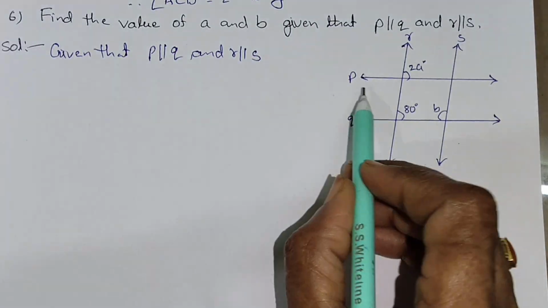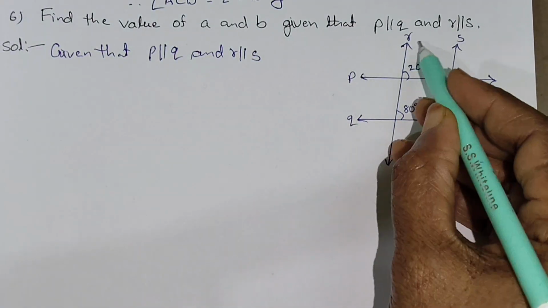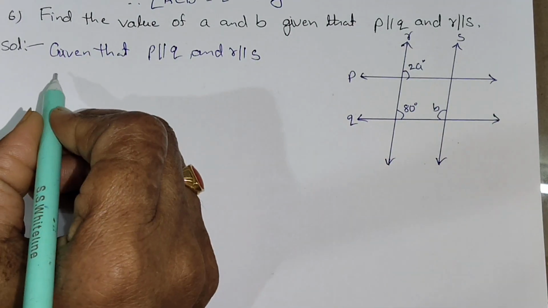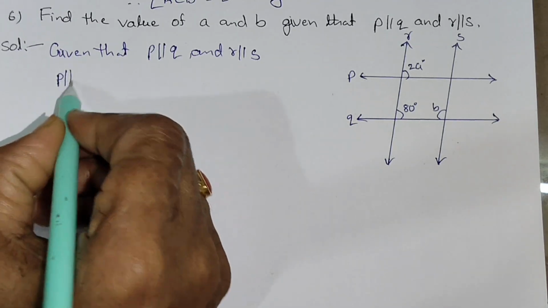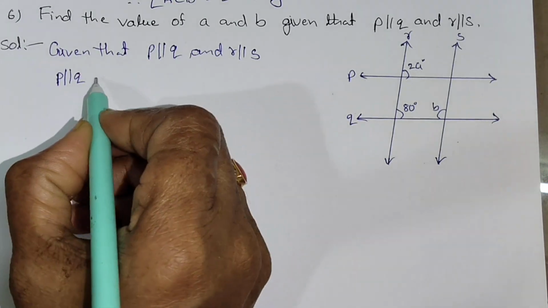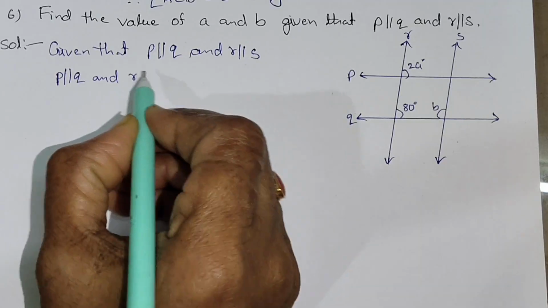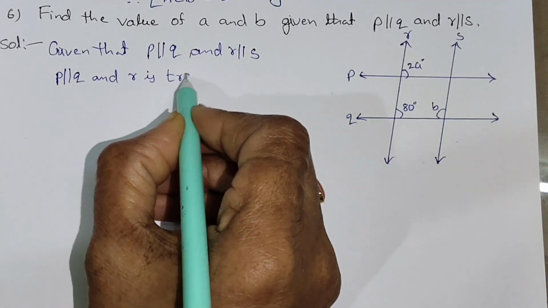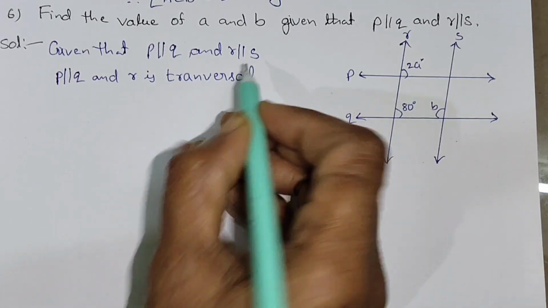So we observe these two are parallel, and R is a transversal.